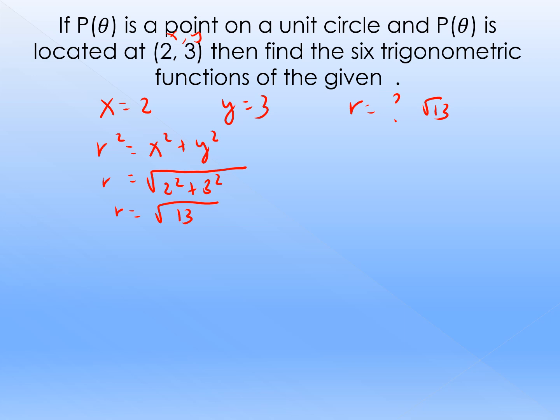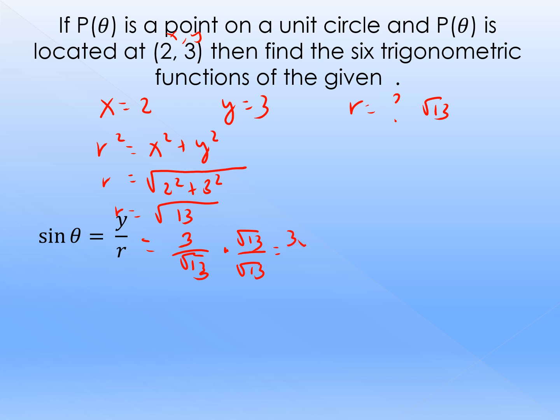Now, after having the values for x, y, and r, the next step is substitution. We're going to have sine theta, which is equal to y over r. Instead of writing y, we write 3, and instead of writing r, we write square root of 13. Since there is a radical in the denominator, we need to rationalize. So let's multiply both numerator and denominator by square root of 13.